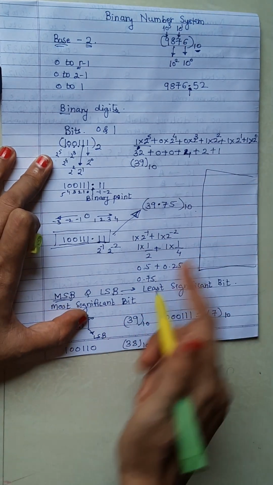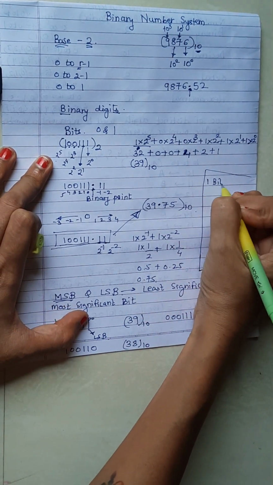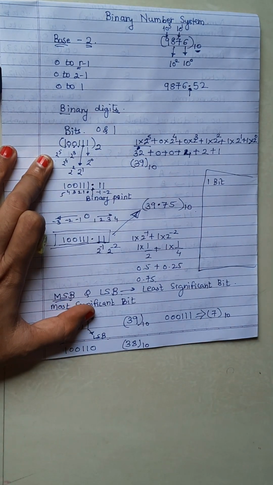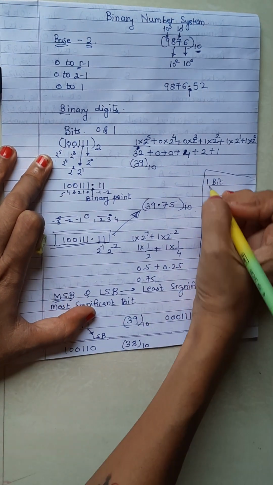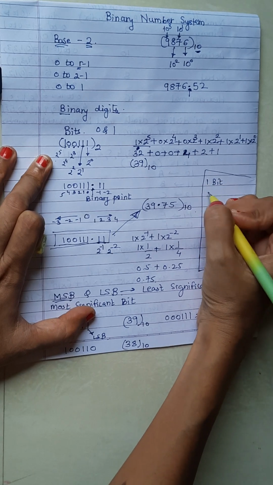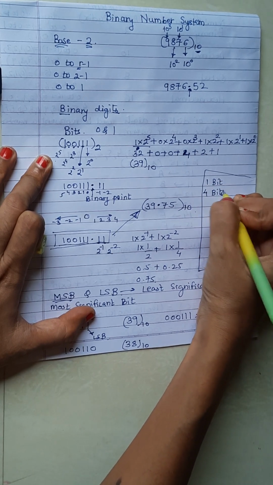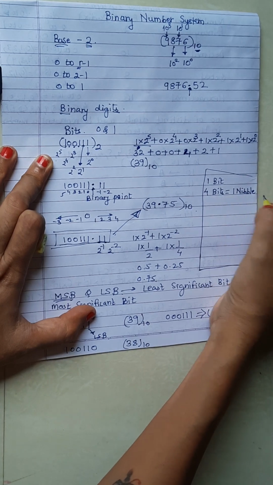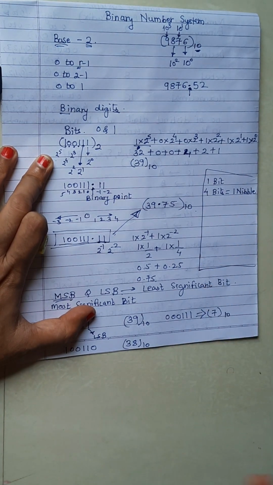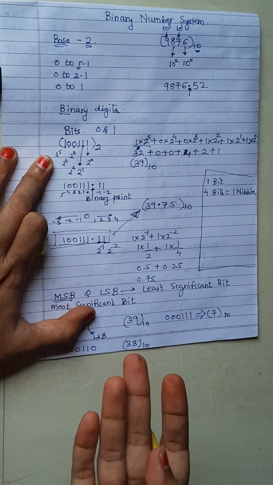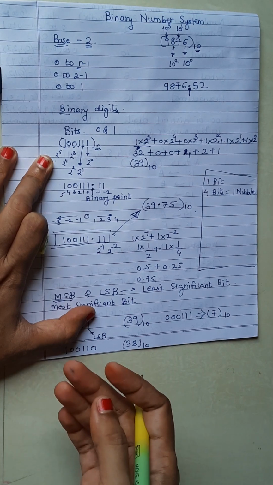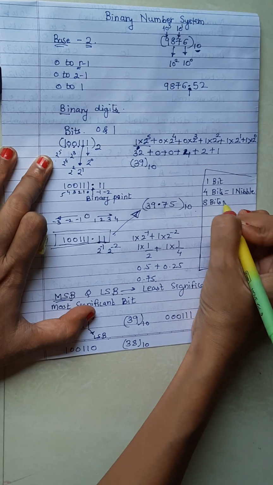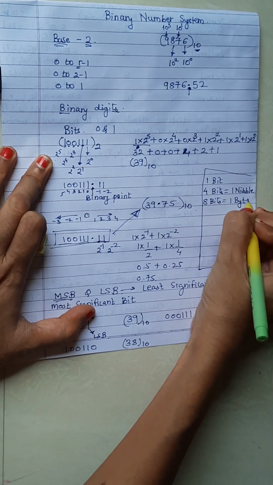a bit, one bit of a binary number, is the smallest unit of data in a computer. And if I consider 4 bits, that makes one nibble, which is used to represent a BCD number or hexadecimal number in binary. Then if I take 8 bits, that would make 1 byte.